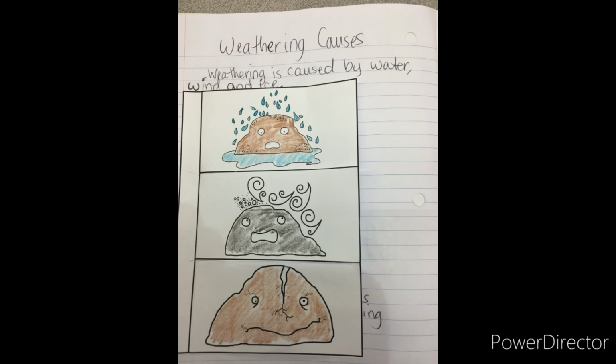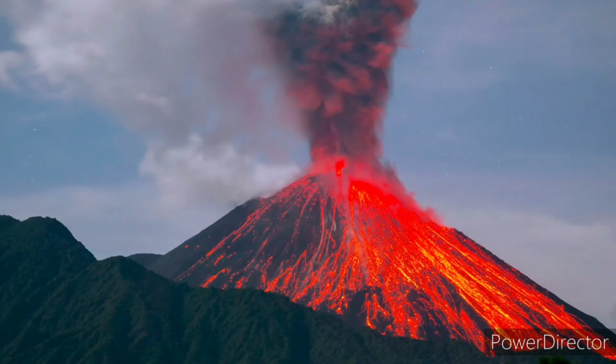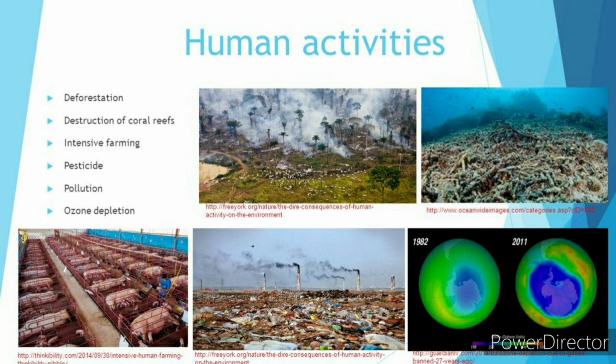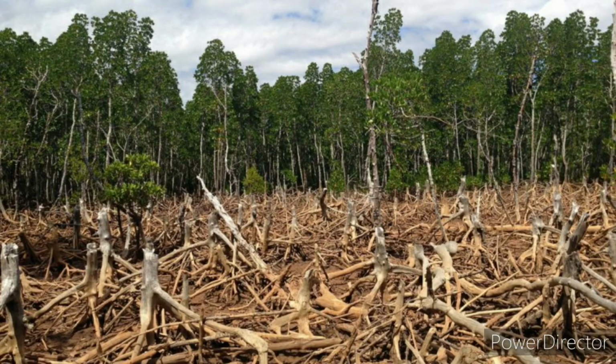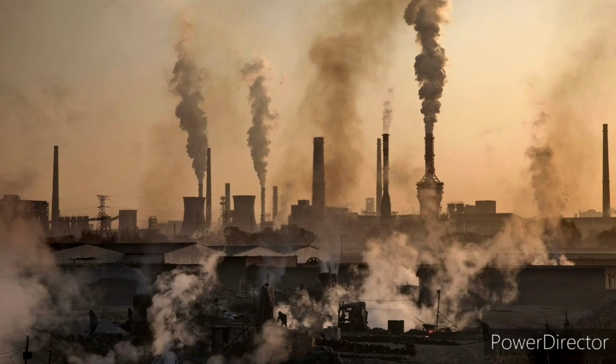This causes the carbon to be released back into the atmosphere as carbon dioxide. Volcanic action may also release carbon dioxide. Step 6. Human activities have significantly influenced the carbon cycle. Rapid deforestation and massive burning of fossil fuels have increased the rate of release of carbon dioxide into the atmosphere.